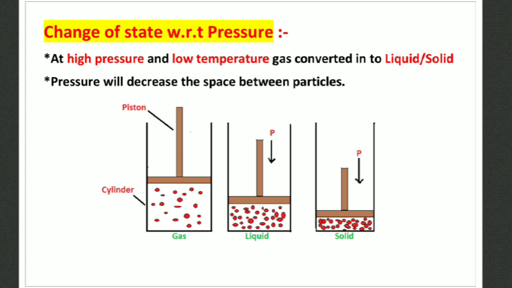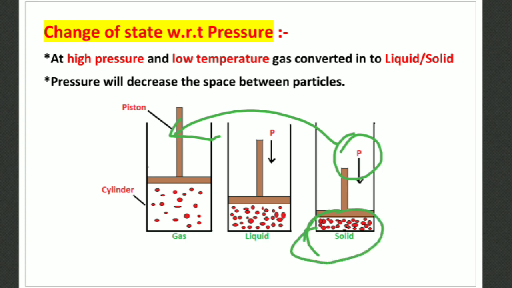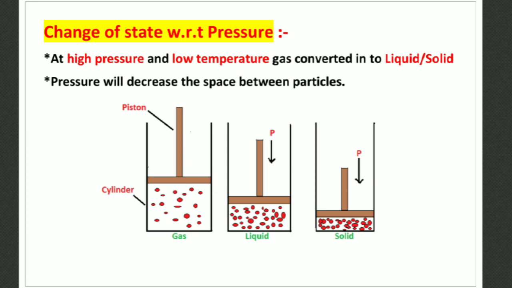Now if we suddenly remove the pressure on this mass, the solid state will directly convert into gas state. For example, camphor or naphthalene: we can apply this method to convert the solid directly into the gaseous state.